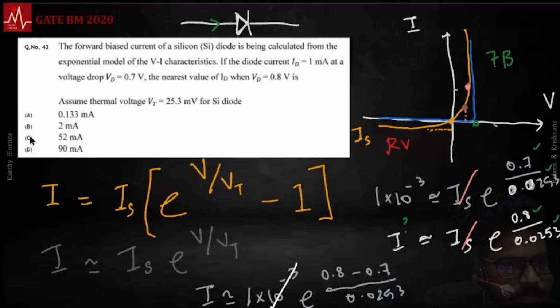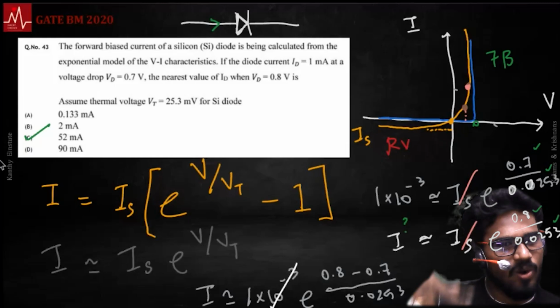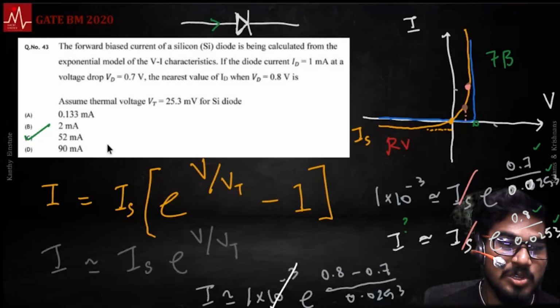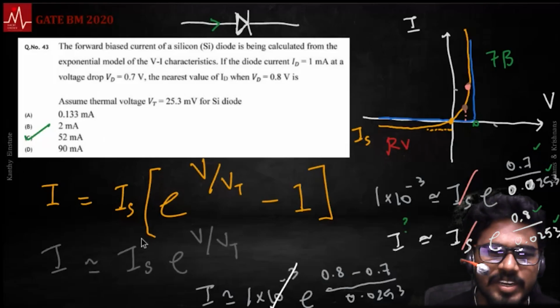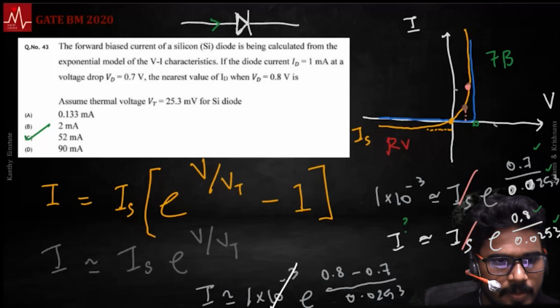You can have the answer as this. I wanted to do it approximately, even otherwise you can retain that minus one and still get the answer. The answers differ by a lot, by orders of magnitude: 0.1, 2, 52, 90. It's easier to spot it, so I did that approximation here.